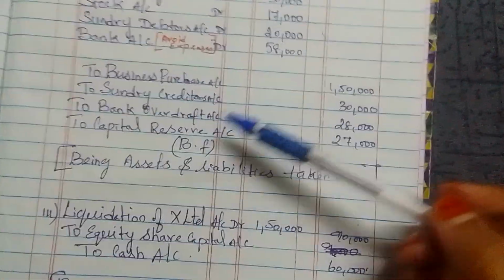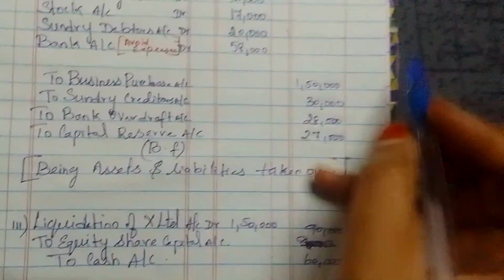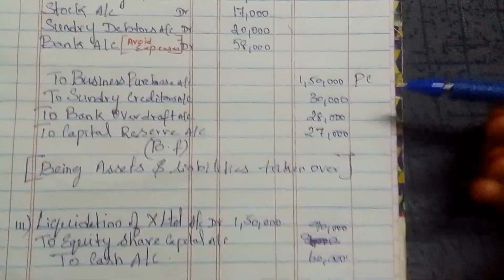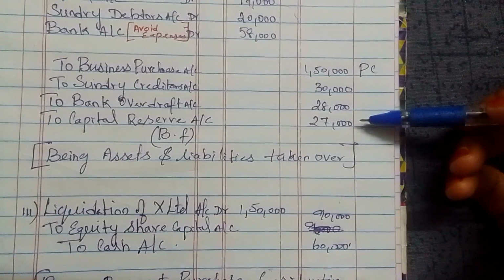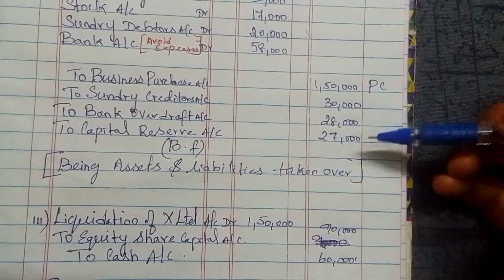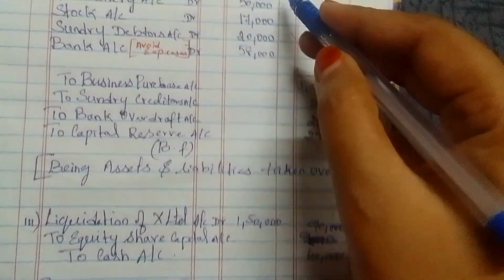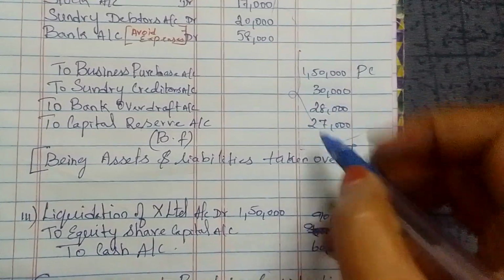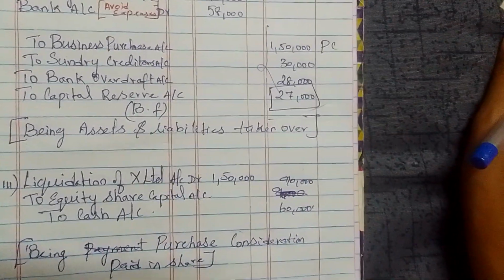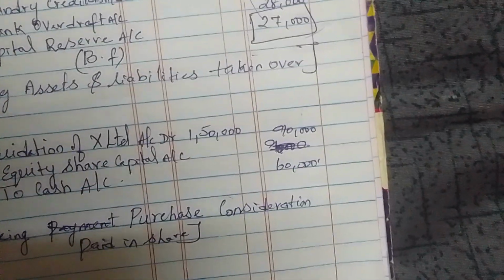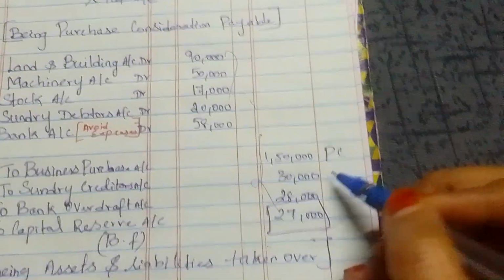Now business purchase is the purchase consideration value, and creditors, bank overdraft and capital reserve. That is the balancing figure of the difference.